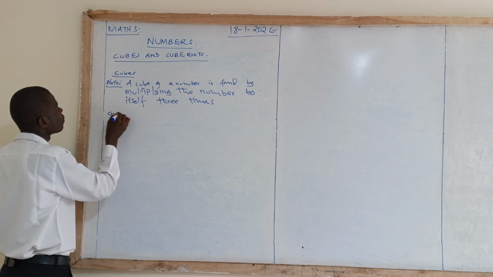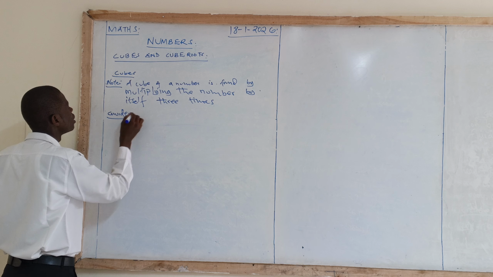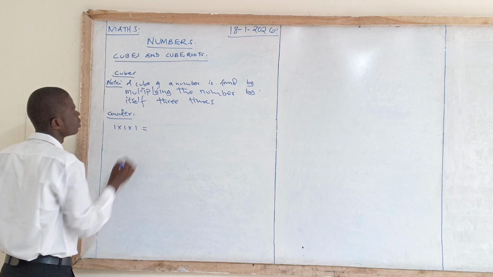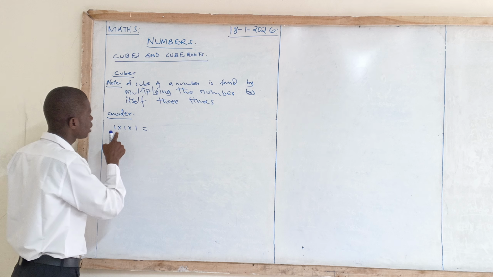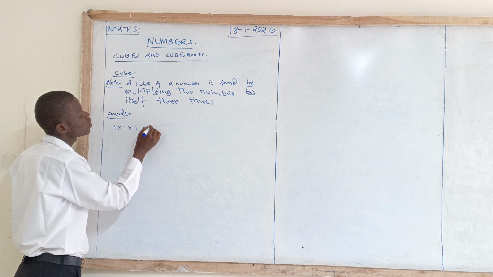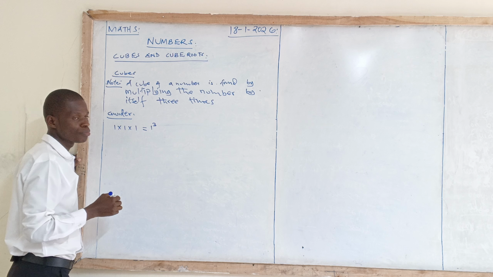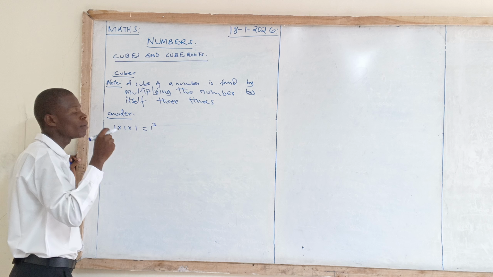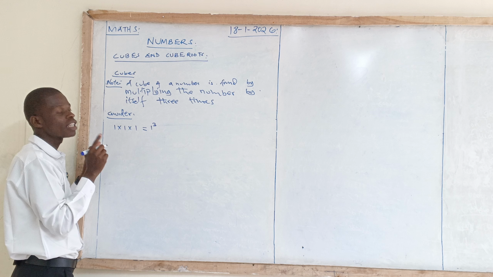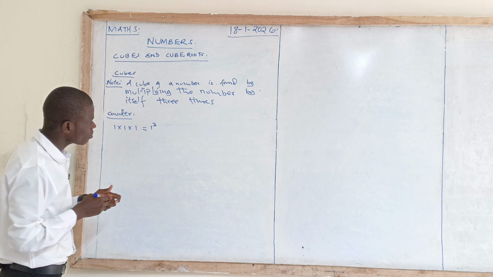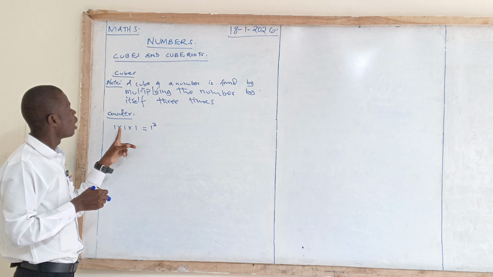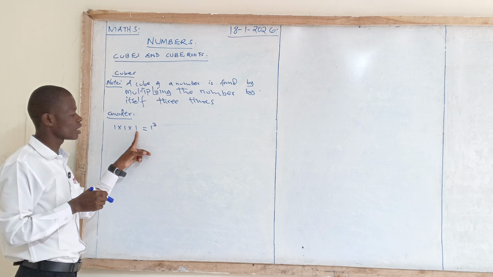So, if we consider, let's say, 1 times 1 times 1. This is 1 cubed, meaning that 1 is multiplied by itself how many times? 3 times. So, this number on top here, these 3. How many 3's are here? 1, 2, 3.